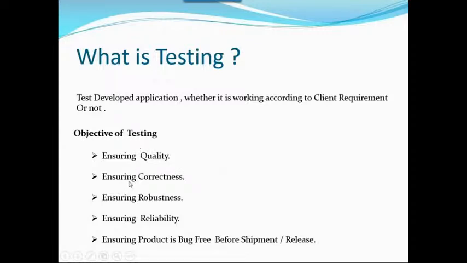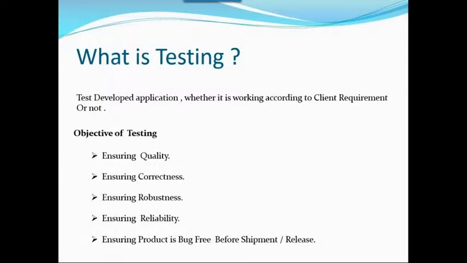For what reason are we doing the testing? To make sure the quality is there, make sure of correctness and robustness, critical functionality also we need to test, and ensure reliability. Reliability is nothing but making sure this application is user friendly. What is called user friendly?